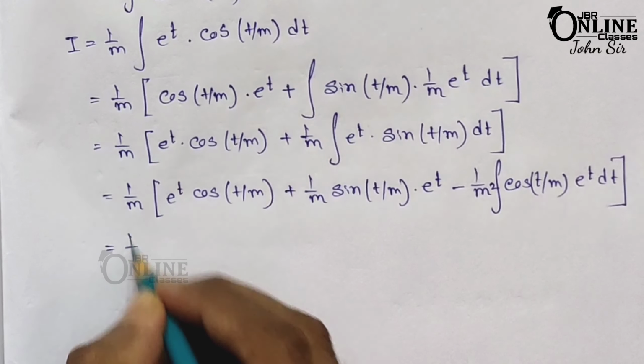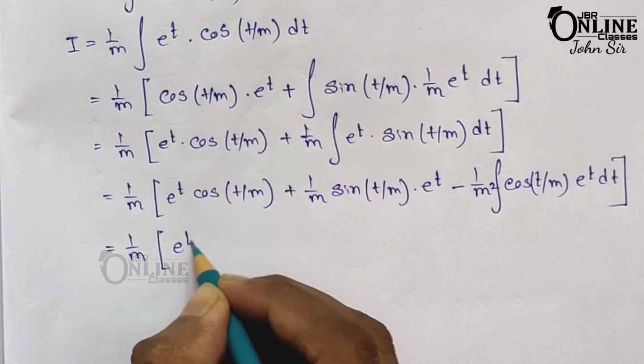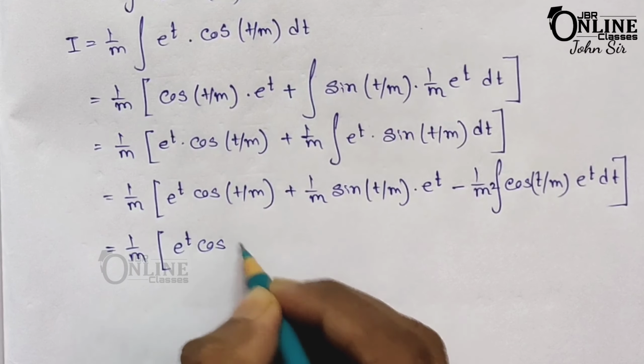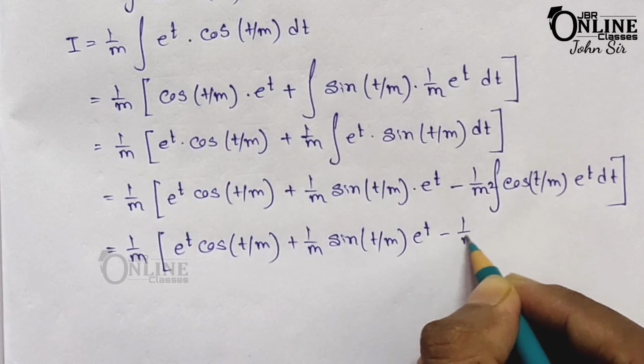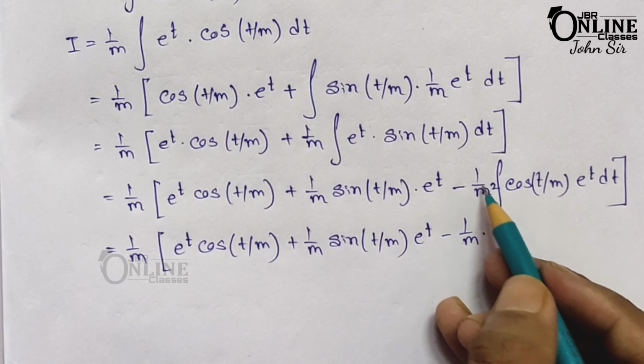Okay, so now 1 by m e to the power t cos t by m plus 1 by m sin t by m e to the power t minus 1 by m, and as here 1 by m, this one will be I, so 1 by m I.